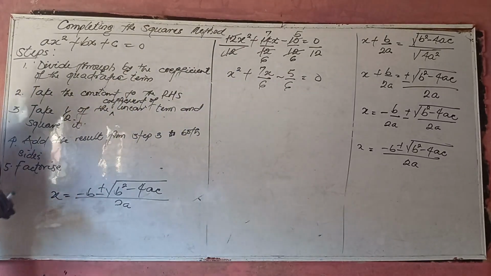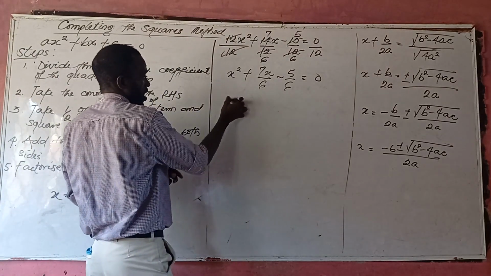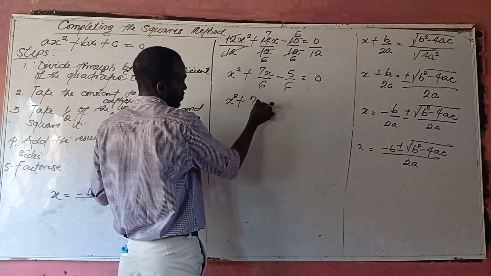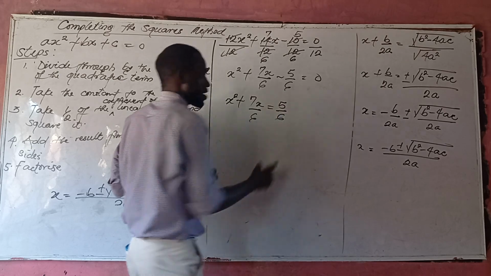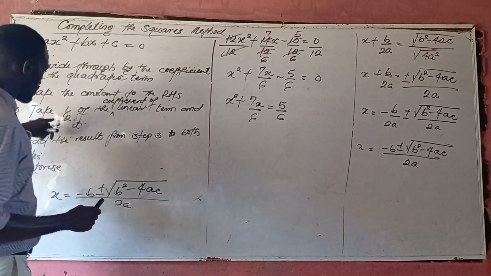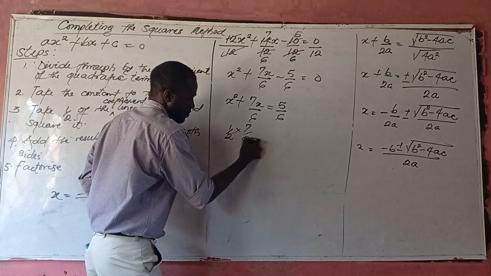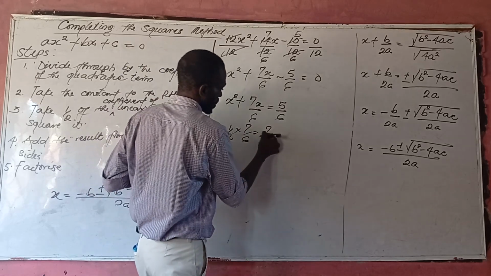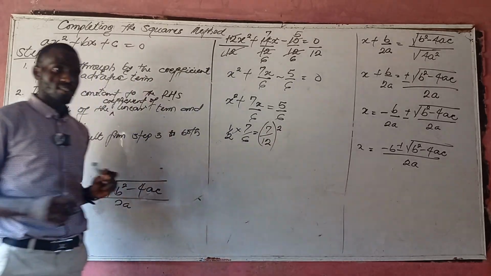Right. What's the next step? Take the constants. Alright, tell me what we have here. x squared plus 7x over 6 is equal to 5 over 6. Is this one clear? Good. What's the next thing? So we are doing half times 7 over 6, which gives us what? 7 over 12, and square it.